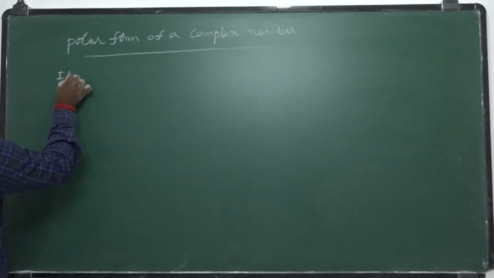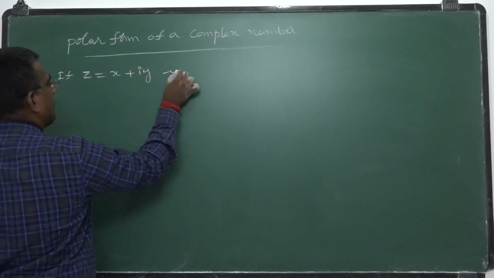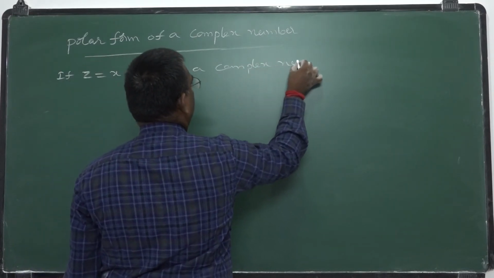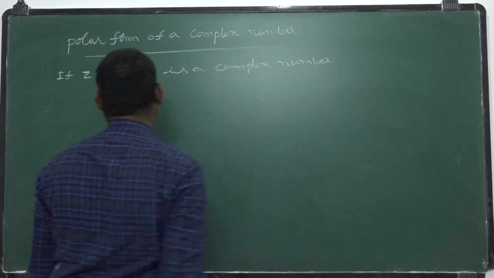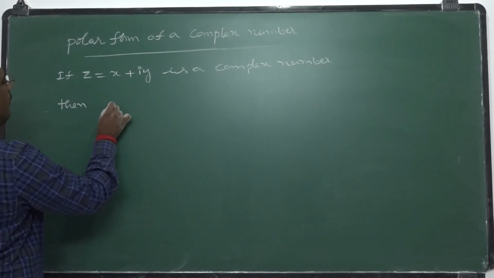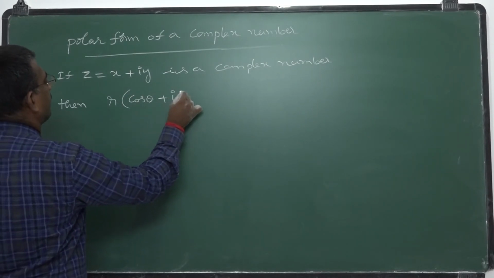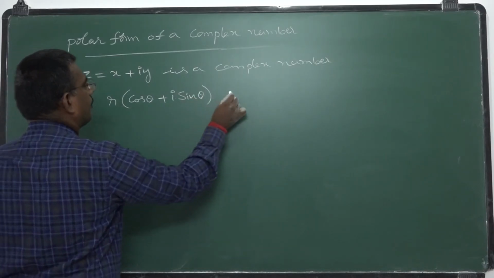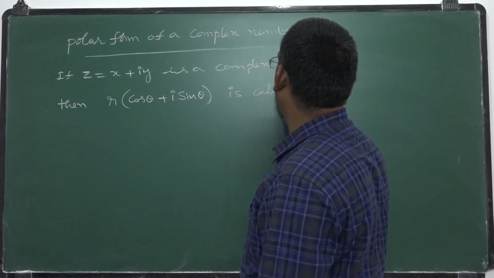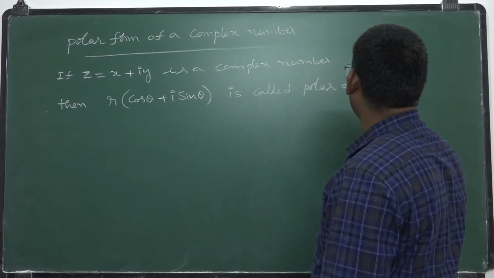If z equal to x plus iy is a complex number, then r of cos theta plus i sin theta is called the polar form of z.